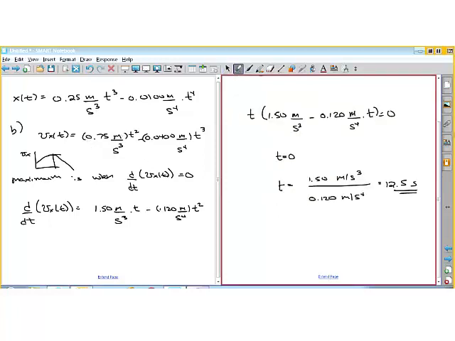So now what we can do is plug that back in, this time into the velocity. The actual value of the maximum velocity is where I plug in the time I got from setting the slope of the curve equal to 0.